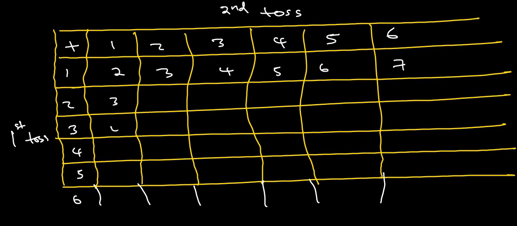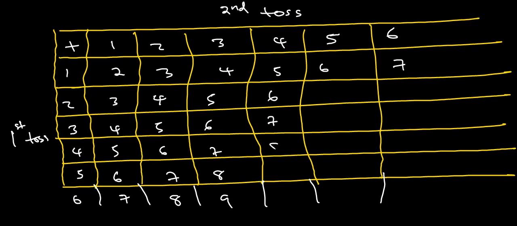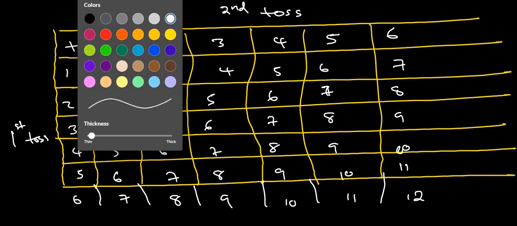It's going to be 3, 4, 5, 6, 7, then 4, 5, 6, 7, 8, then 5, 6, 7, 8, 9, then 6, 7, 8, 9, 10, then 7, 8, 9, 10, 11, then 8, 9, 10, 11, 12. So this is what we have.